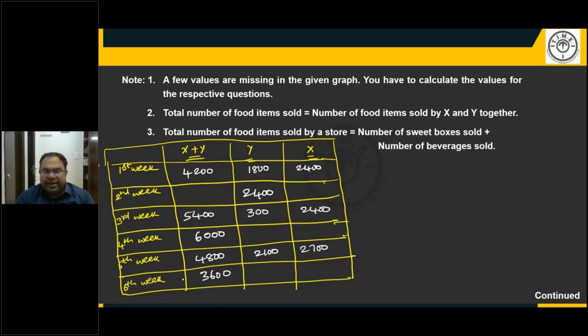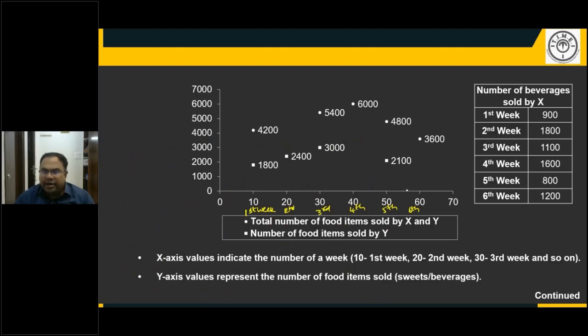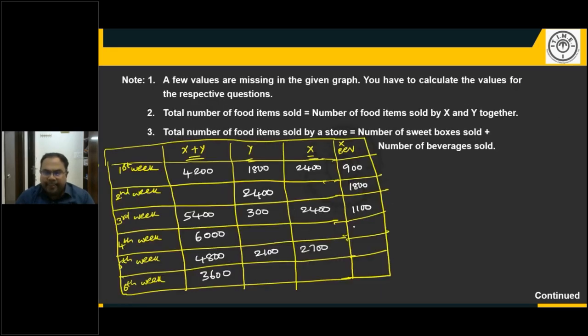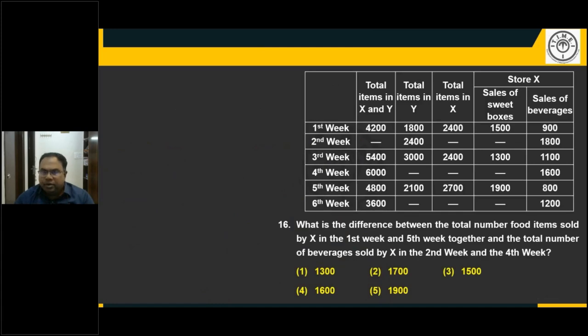Right? We know beverages by X now. X beverages. This value is given in the table. How much X? 900, 1,800, 900, 1,800, 1,100, 900, 1,800, 1,100, 1,600, 800, 1,600, 800, 1,200.